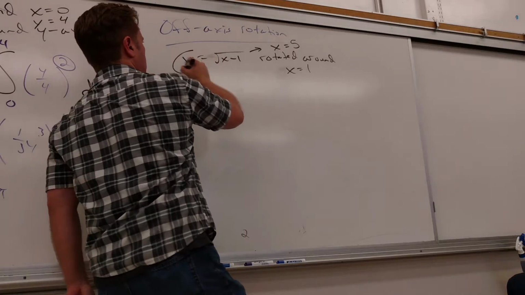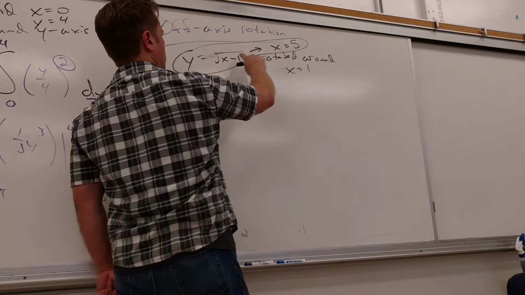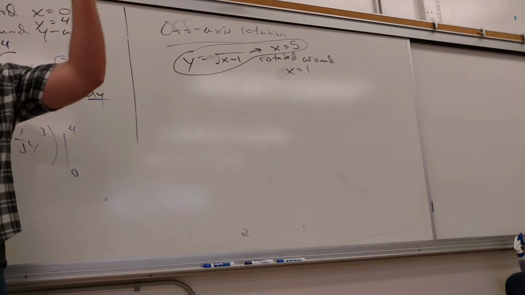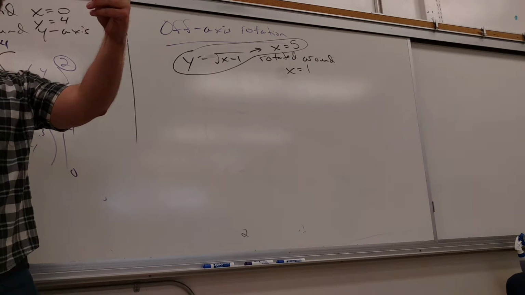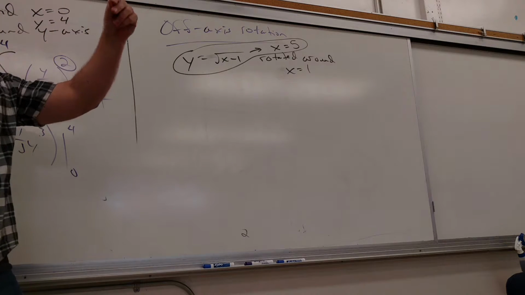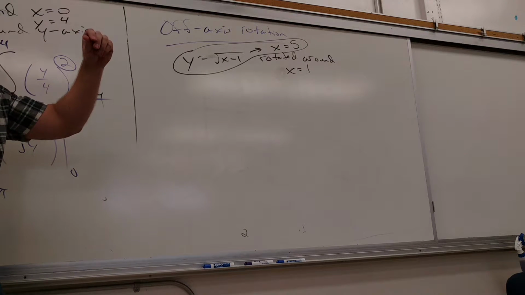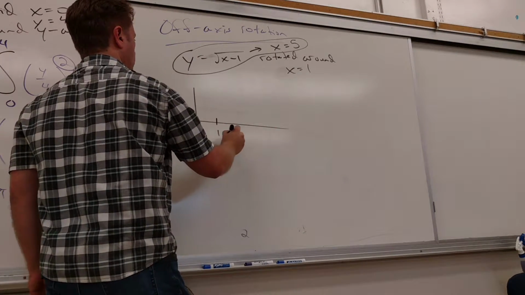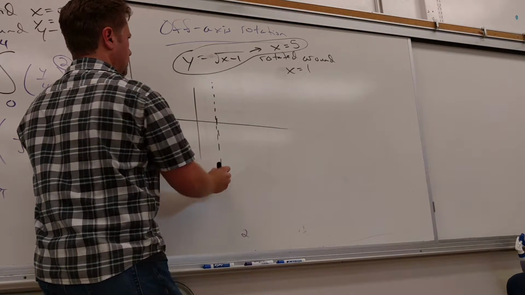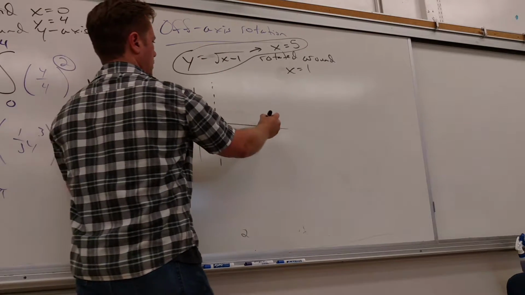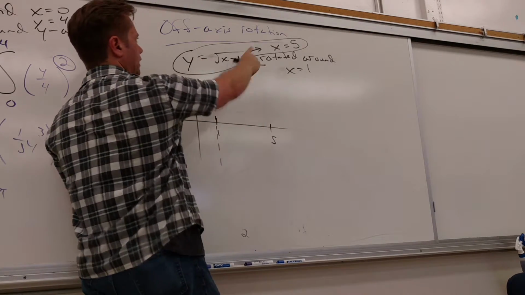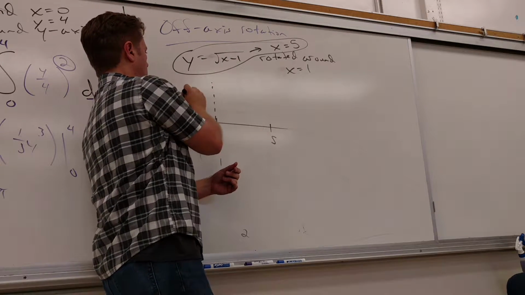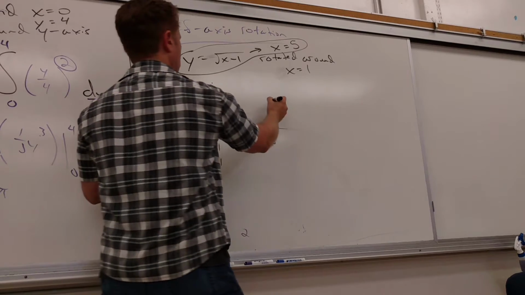So the region is defined by the area between those two, and it's rotated around x equals 1. So they have to tell you what your 2D area looks like, and then they got to tell you what you're going to rotate that thing around. So of course they gave us something nice. It's from 1, basically that's my rotation axis, around x equals 1, up to 5. And I said 5 because what happens at 5? You get 2.